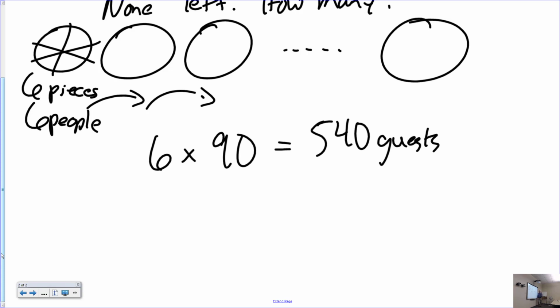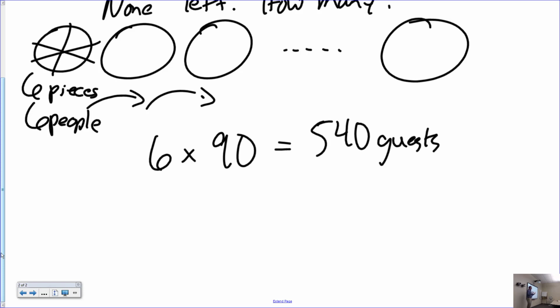Well, no, that's a perfect analysis of the problem. It's not the way you should do it mathematically, okay? But this is a perfectly good systematic analysis of a word problem where you've broken it down to an easily done mathematical analysis, right? Because you know that you've got 90 pizzas and 6 people per pizza. And so 6 times 90 says there's 540 people.